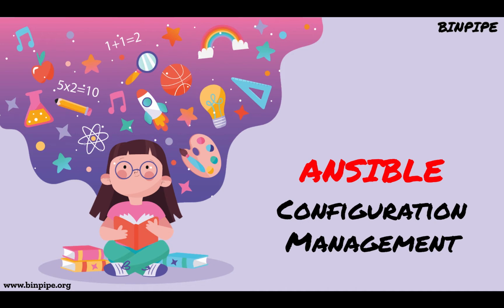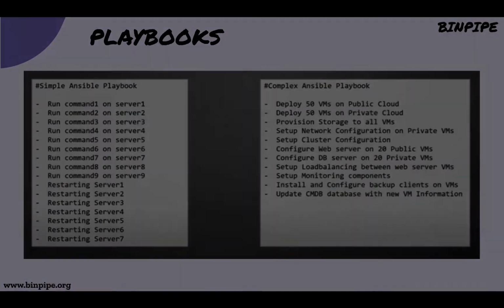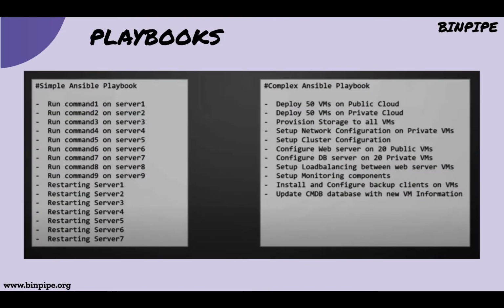So let's get started. The first thing I would like to tell you before we start is about playbooks. What does a playbook look like? In short, it can be just a simple Ansible playbook, which is just a set of commands, just like what we do in a shell script without any conditionals or anything.